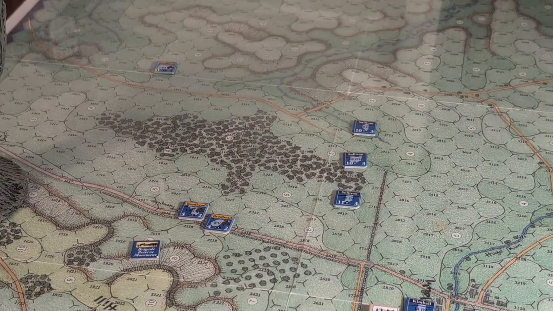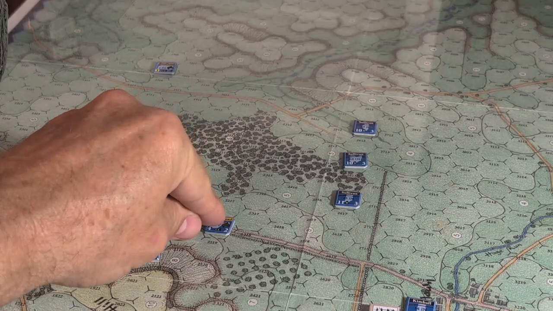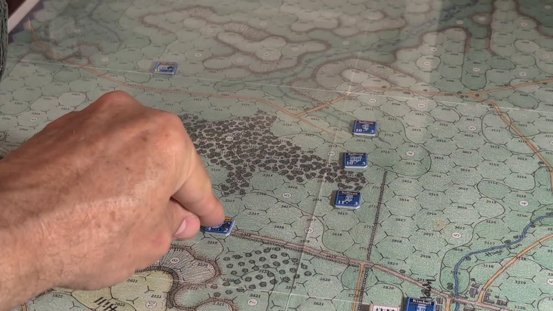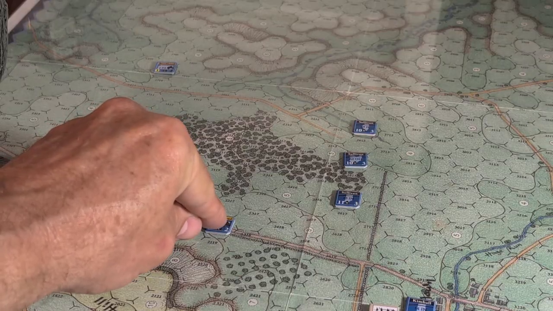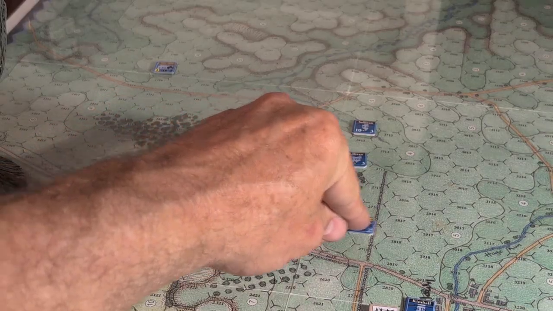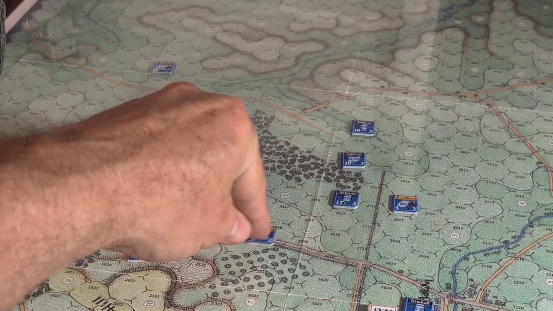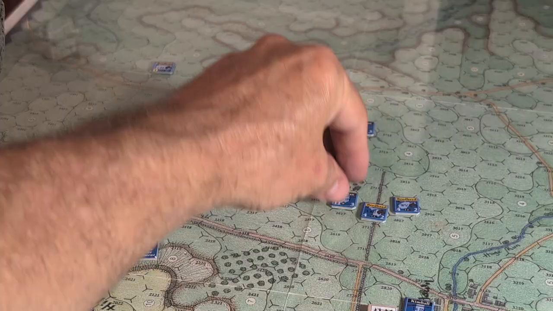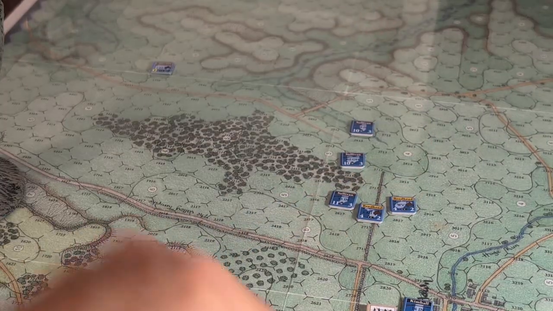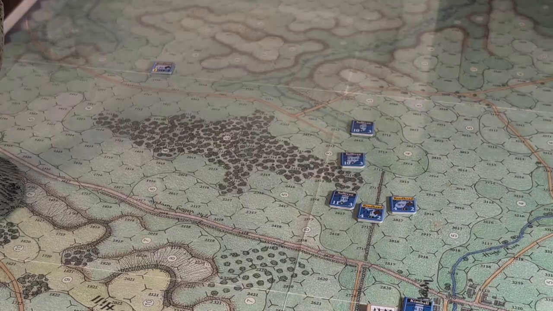So I can move 6. One, two, three, 4, 5, 6. 1, 2, 3, 4, 5, 6. Okay. All right.